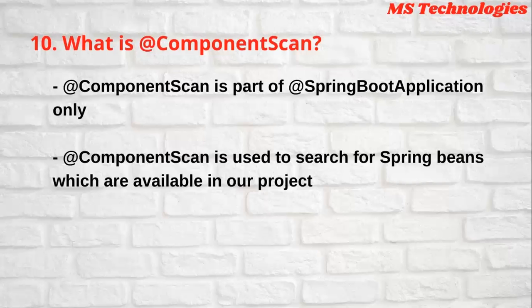Whenever we deploy the application, we require some predefined functionalities, classes, and interfaces, and all those things will be taken care of by Boot itself based on the @EnableAutoConfiguration annotation. The third one is @ComponentScan. What is the purpose of component scan? To search for Spring Beans which are available in our project. Clear?